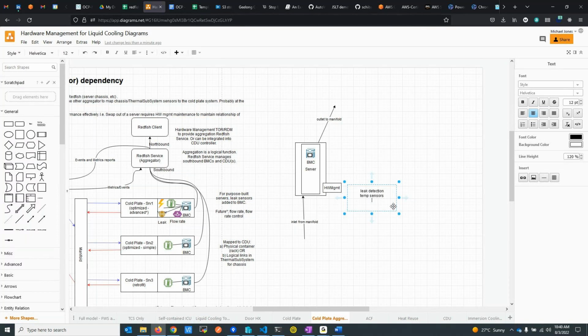Thank you. No problem. So what parametrics or sensors were on that control board? I got leak detection. Is it temp in and out? Yeah. Okay. And is there any flow rate or pressure or anything like that? Yeah, there are. I guess what we put in here is a general thing, and then when people come to design their system, they will pick whatever they want, right?